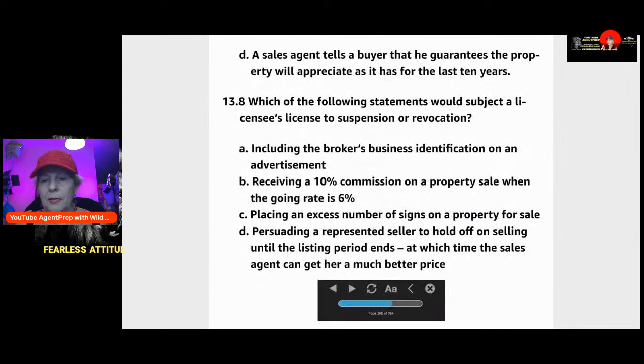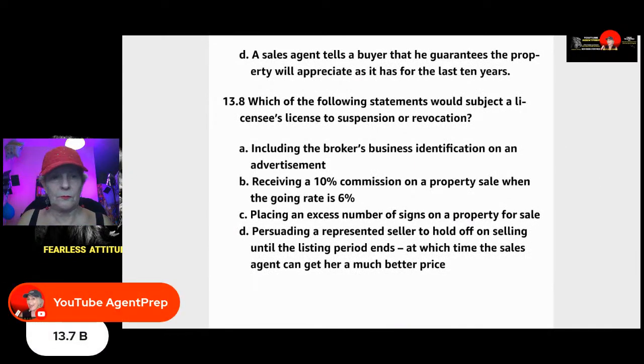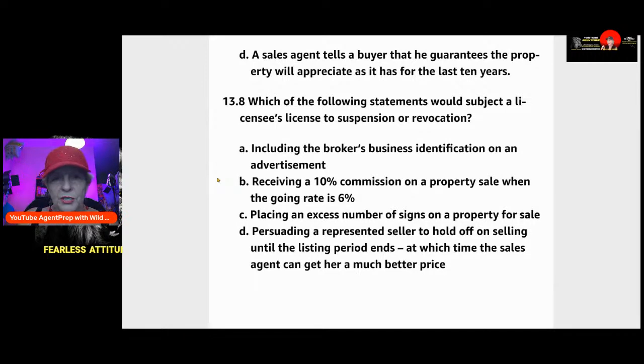All right, number 8. Which of the following statements would subject a licensee's license to suspension or revocation? So what action would we take that would put us in line to be suspended or revoked by Texas Real Estate Commission? A, including the broker's business identification as an advertisement.